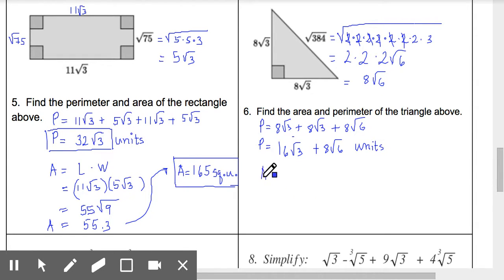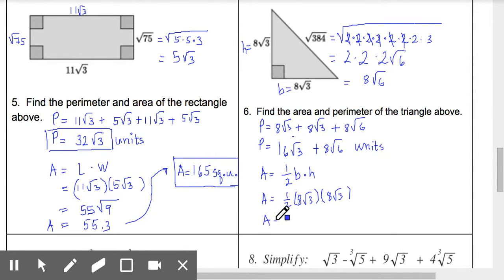Now for the area, the formula for the area of a triangle is equal to 1/2 times the base times the height. Now this is the base of the triangle and this is the height. So we'll have here area is equal to 1/2 times the base is 8 square root of 3 times 8 square root of 3.